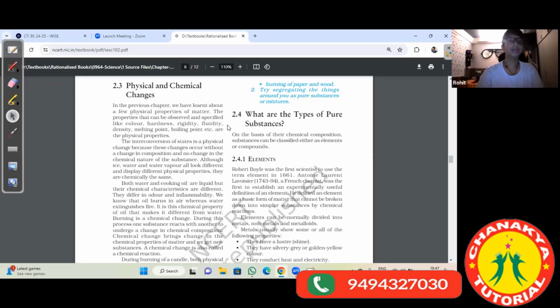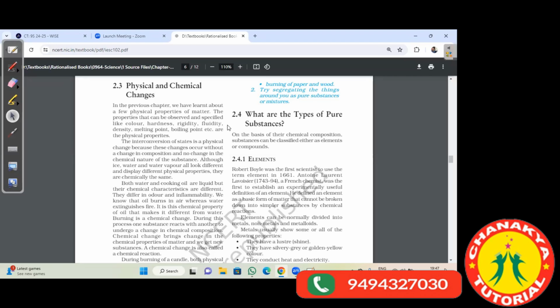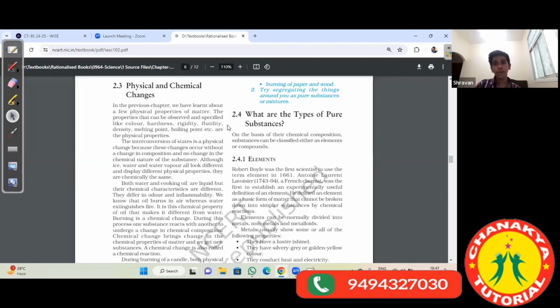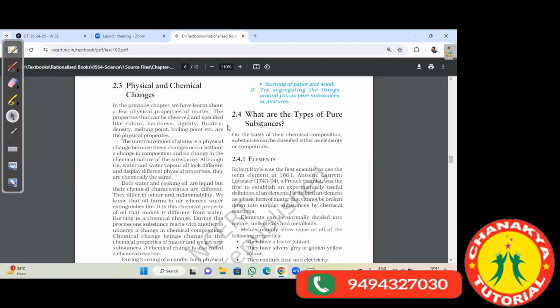For example, if I have crystals of sugar, can I call it a pure substance or impure substance? If I'm having 1 kilogram of sugar, what should it be? Pure or impure? Pure. Yeah, it is pure. However, the formula of sugar is C12H22O11.